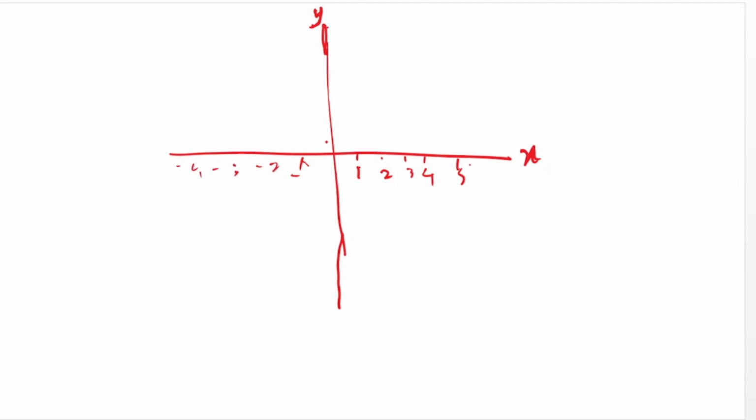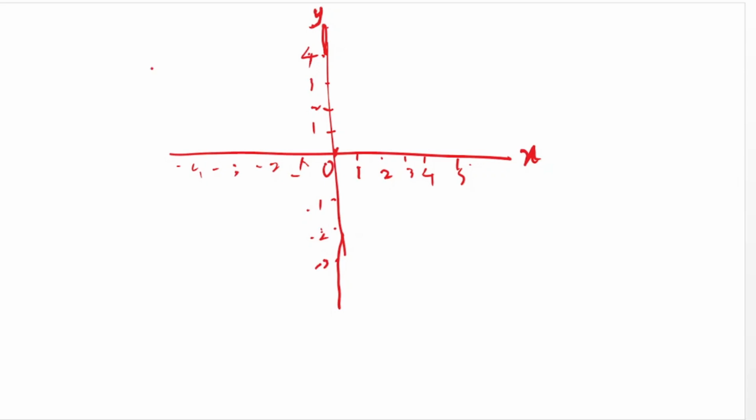Then on the y-axis, this is the origin 0. Above the origin we have positive: 1, 2, 3, 4, and below the origin we have negative. We are not plotting any graph, but we want to use this so that you understand the concepts clearly.